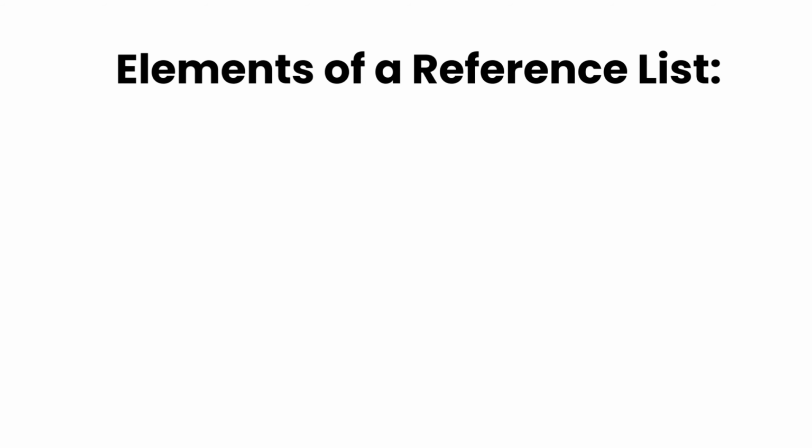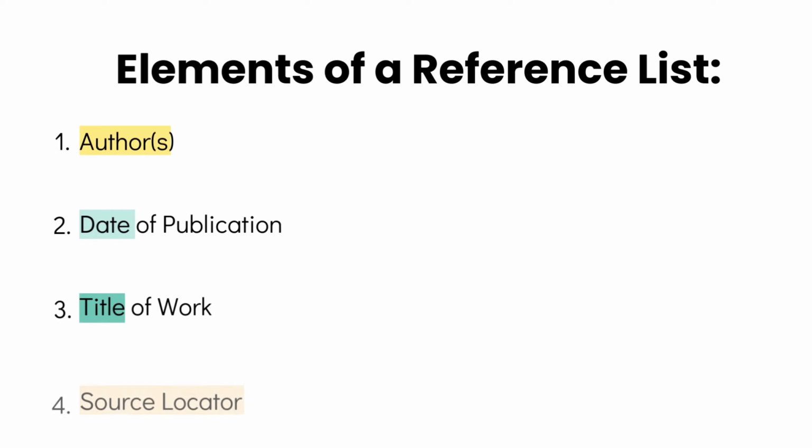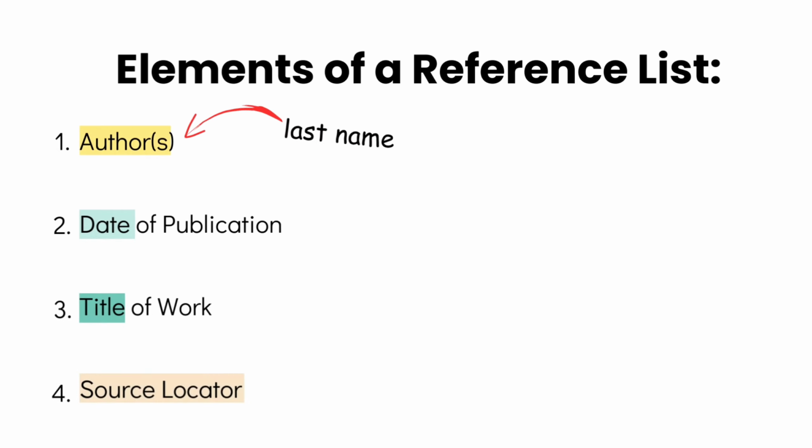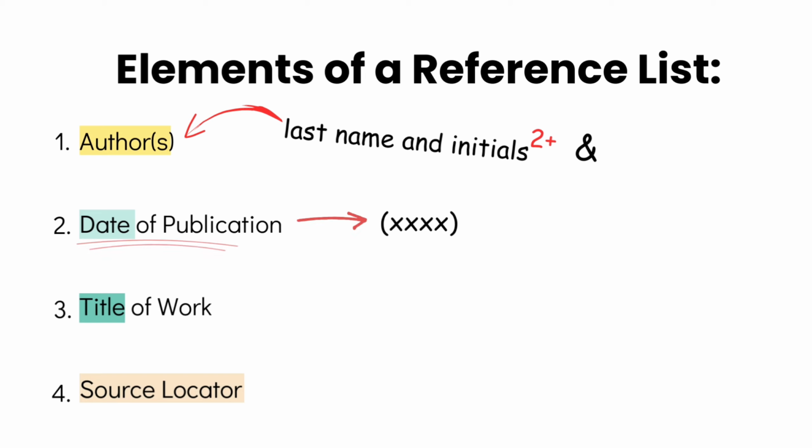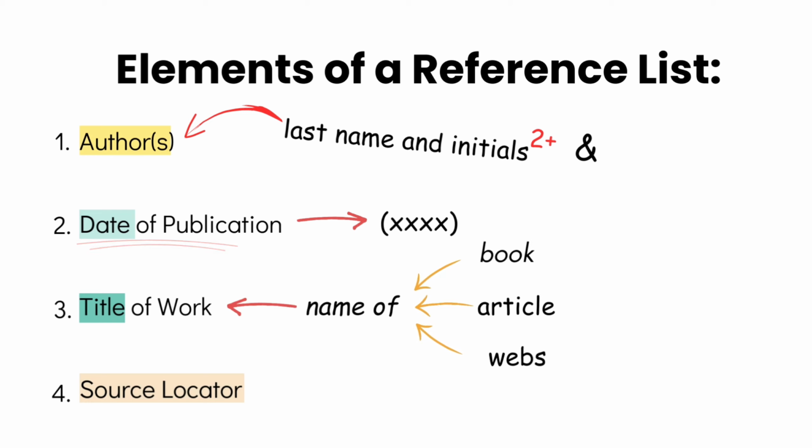A Harvard reference list has 4 main elements. You must write the last name and the initials of the authors. If there is more than one author, separate them by using an ampersand. Then write the year when the source was published and put it in parentheses after the author's name. Add the name of the book, article, or whatever you are citing.